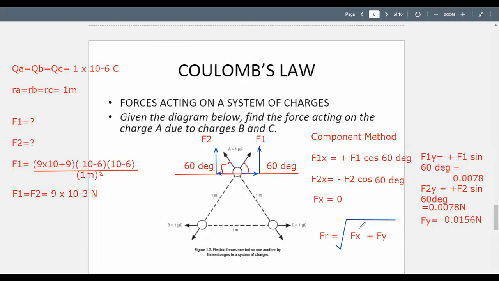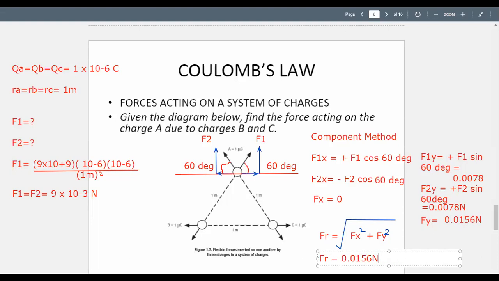And again, we square both of them. You'll notice since this is 0 and this is 0.0156 and you square it, F sub r will eventually end up equivalent to 0.0156 Newton. Manang sabat na to.